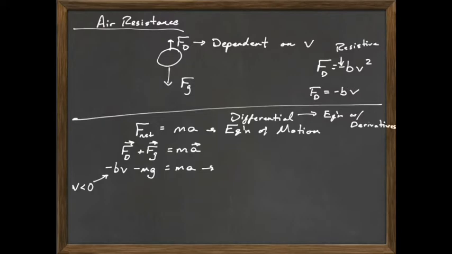Okay, so in the case of this example, if I want to write out air resistance as a differential equation, that means we want to put it in terms of the same variable. For example, v is a derivative of position, but a is a derivative of velocity.